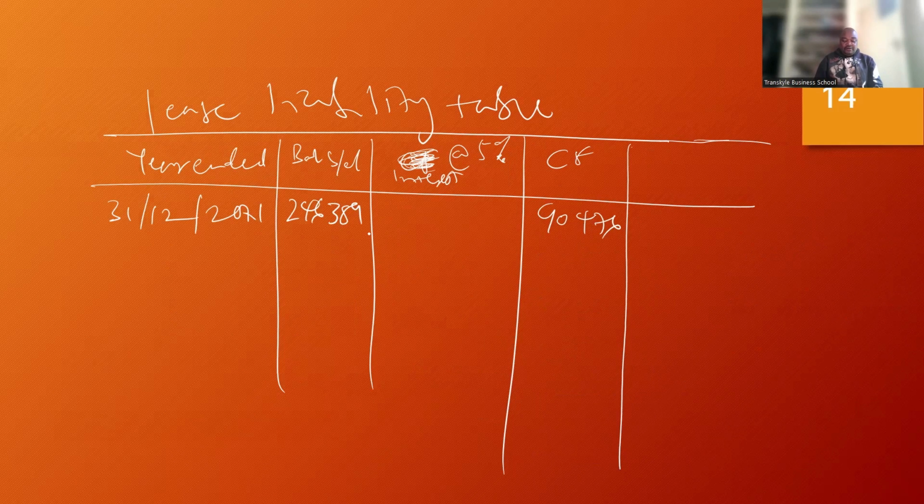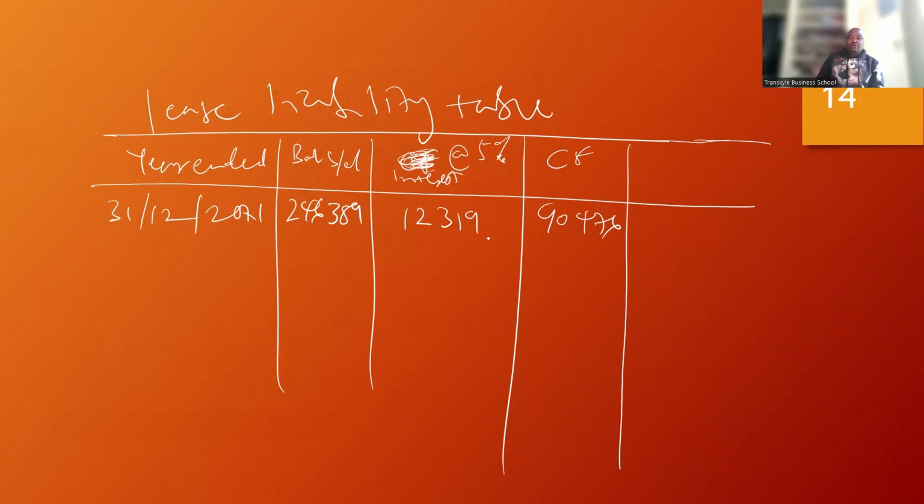So we multiply that figure by 5% to get the interest charge. 246,389 multiplied by 5% is equal to 12,319.